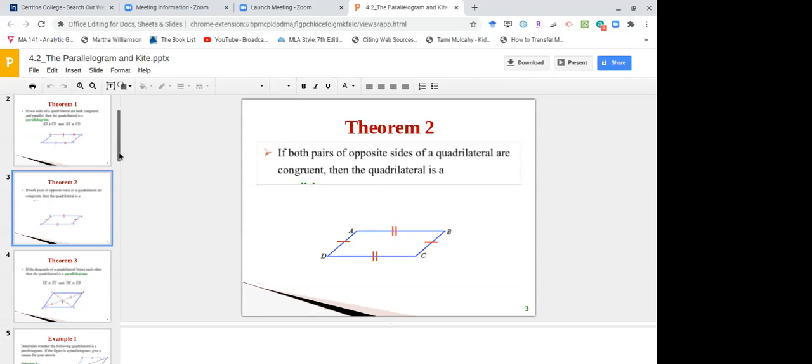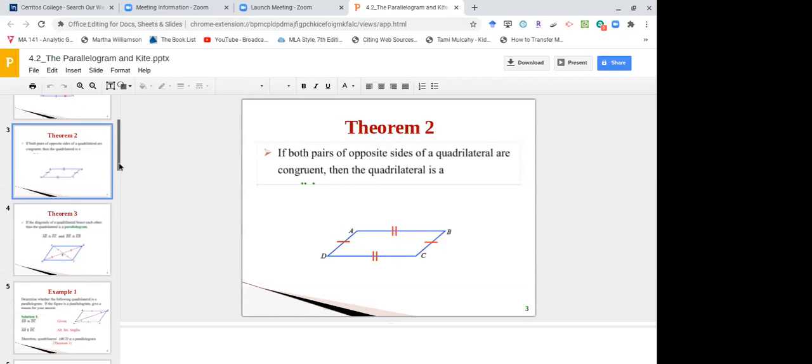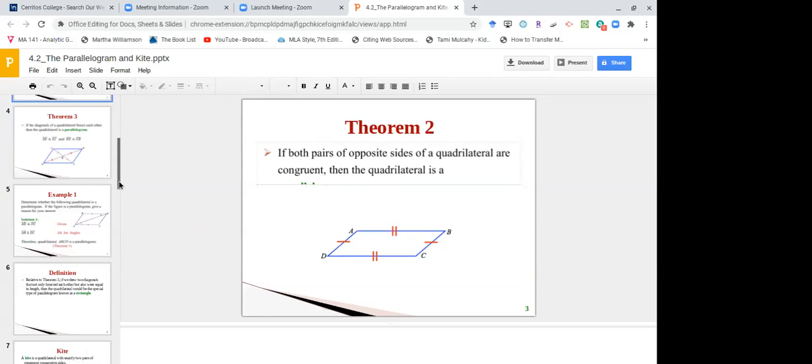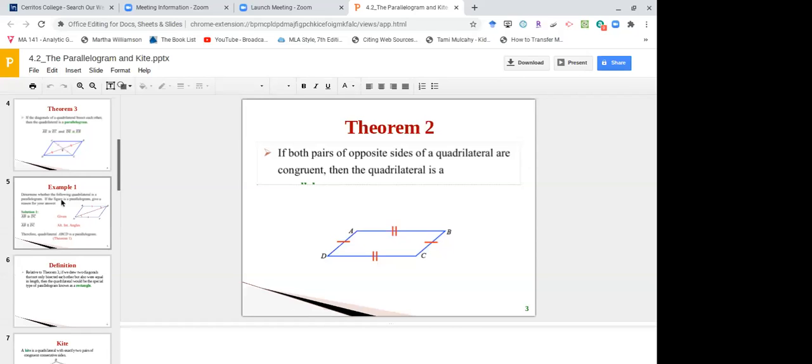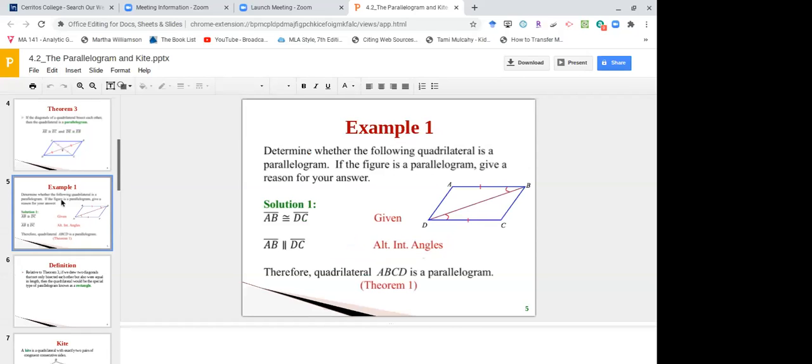So let's look at an example here. Determine whether the following quadrilateral is a parallelogram.